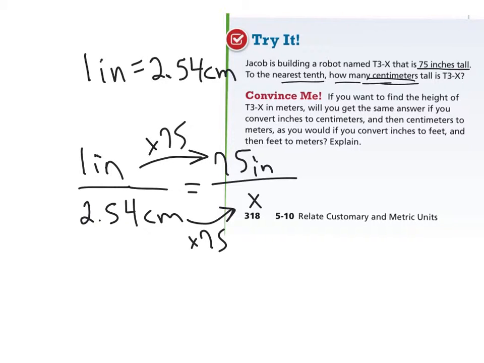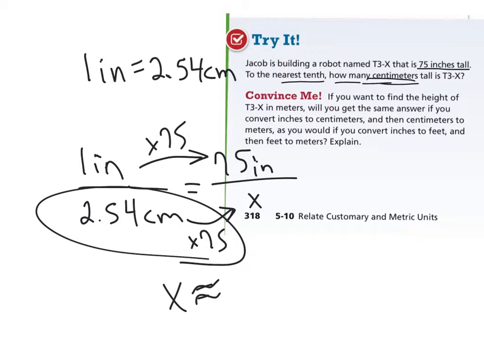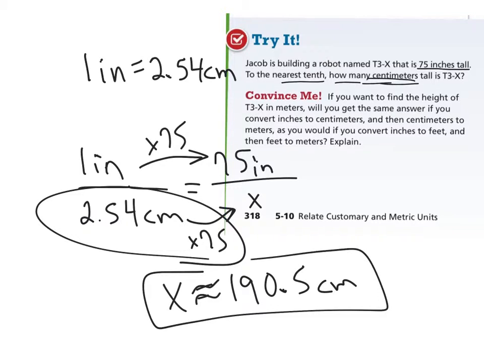That would be multiplying by 2.54, going towards the variable. And so we're just going to multiply this out. And it says nearest tenth, so we'll round it off if we have to. So if you multiply that out, it would be about 190.5 centimeters. That's to the nearest tenth.